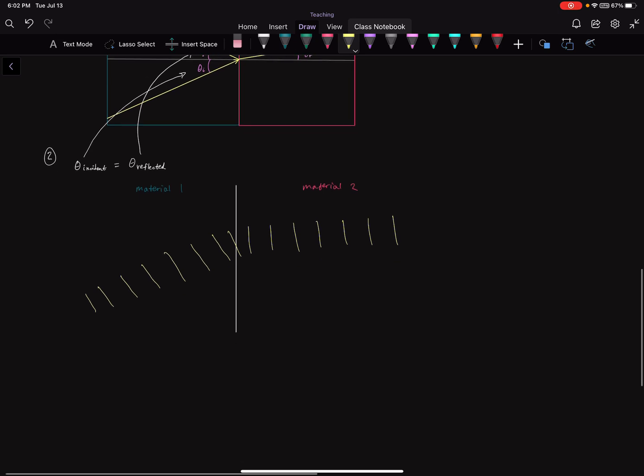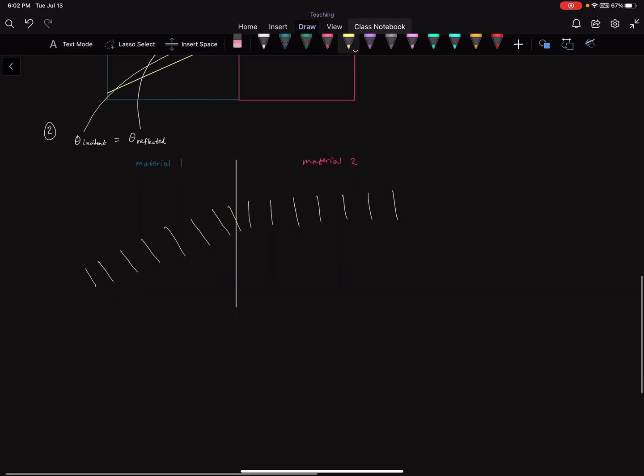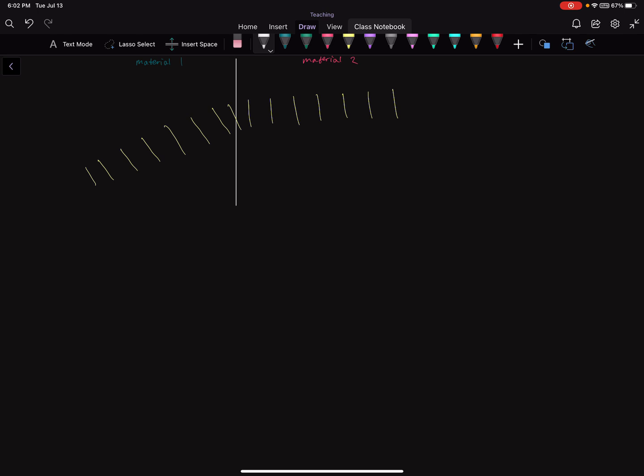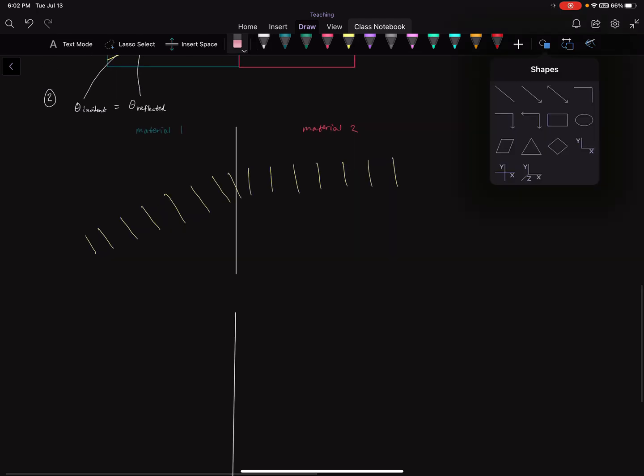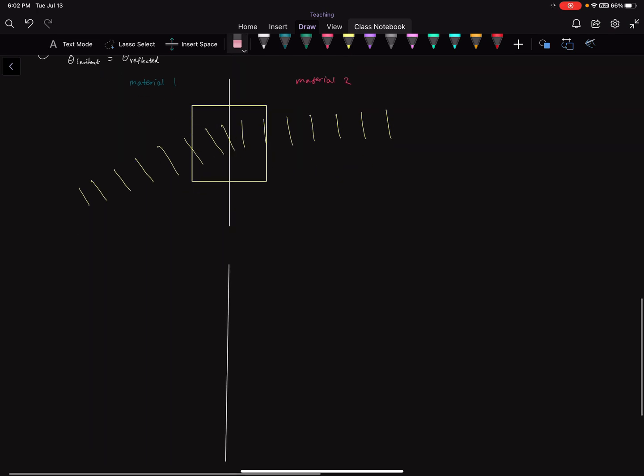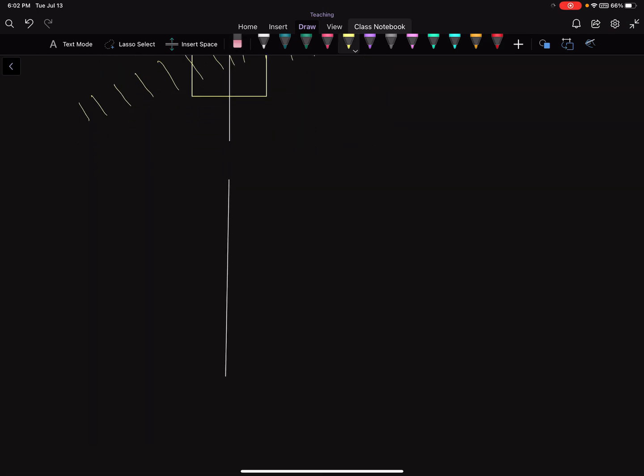So why does that happen exactly? Well, let's go even closer to that interface here. So same exact situation, we're just going to zoom way in to maybe this big. So now we are approaching. On the left is material 1, on the right is material 2, and we're approaching.